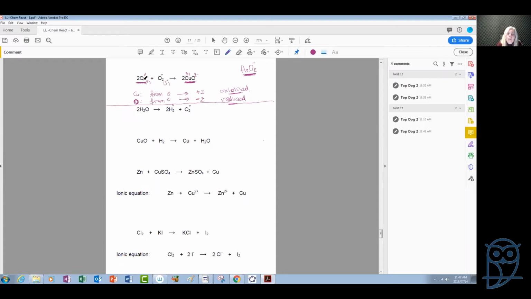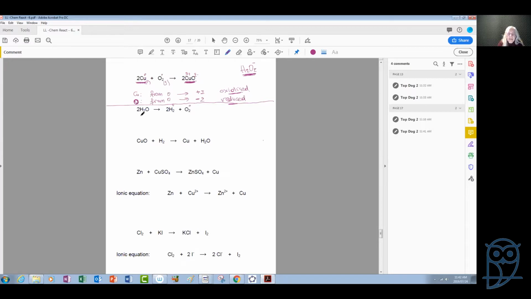So we see that copper gave away electrons, and these electrons were taken by oxygen here. There's always a transfer of electrons, and it's nice to figure out what gives and what takes electrons, because in the future we'll need to write these oxidation and reduction half reactions in terms of gaining and losing electrons as well.